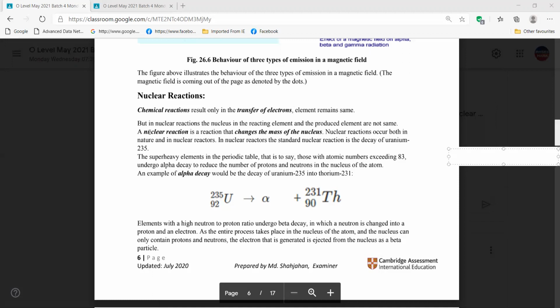And from here, a nuclear reaction is a reaction that changes the mass of the nucleus. And after writing this, you give one comma, then write element is changed.